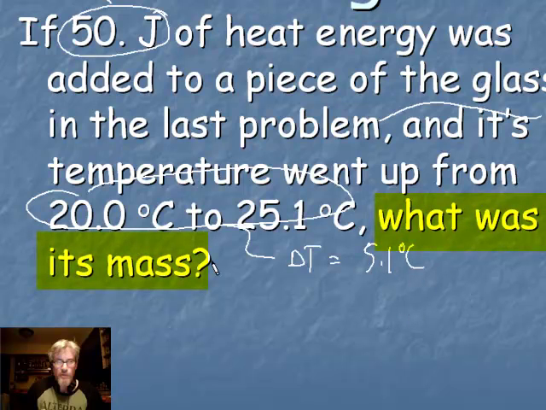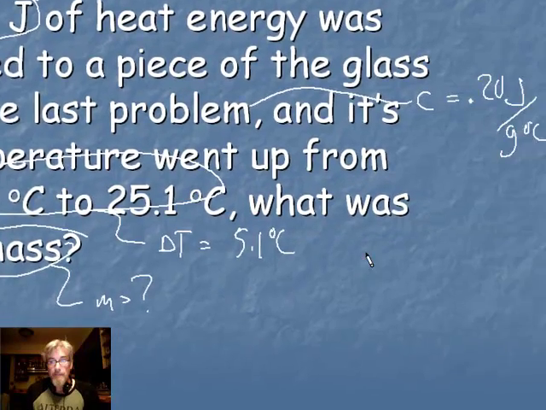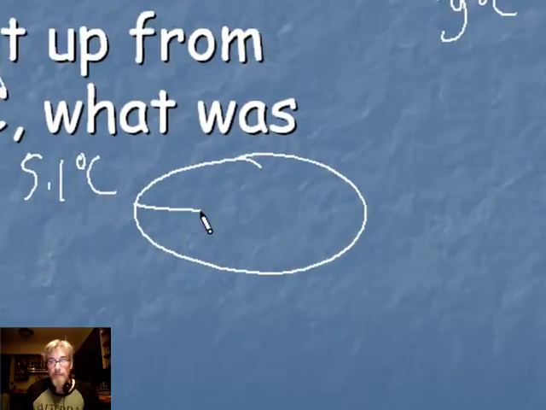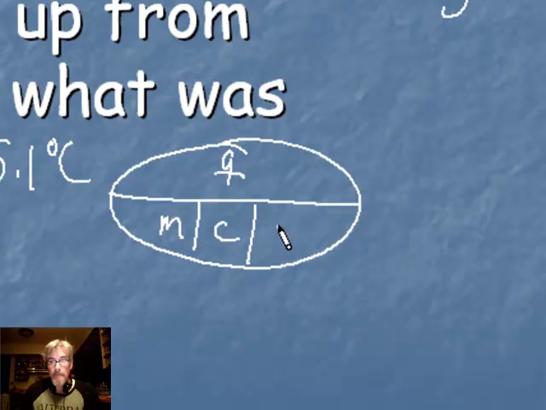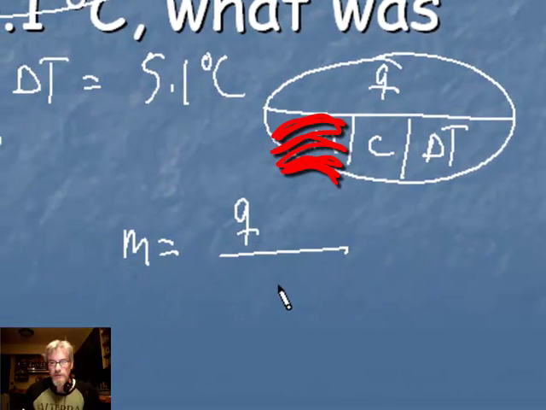There's the question. Mass equals question mark. Let's try that little device. It says Q over M times C times delta T. What we're trying to find now is mass. If I cover that up, it tells me mass will be equal to Q divided by C times delta T.